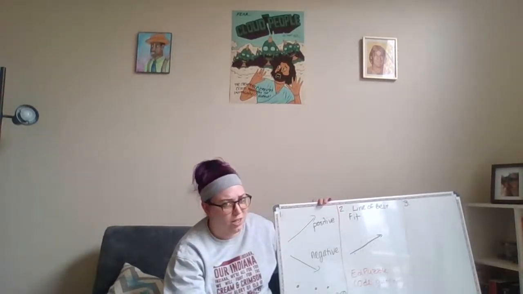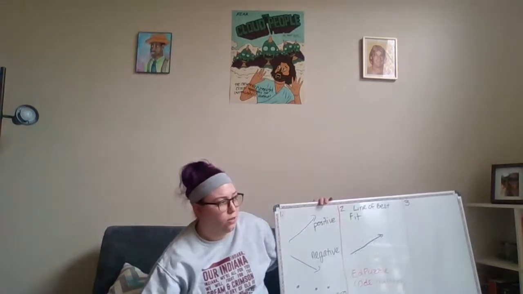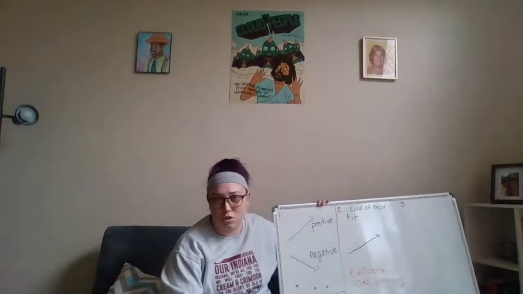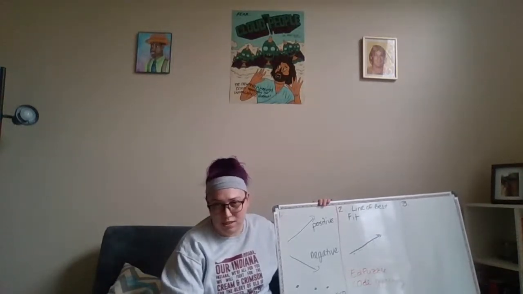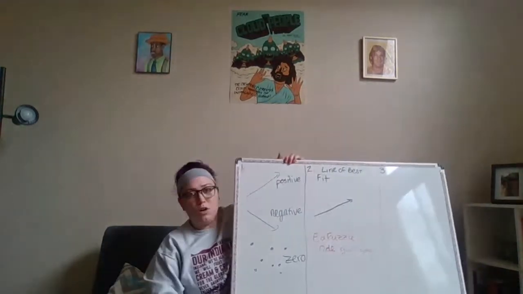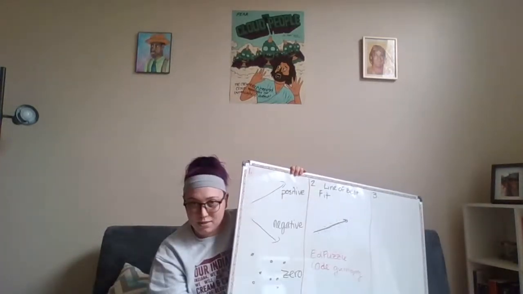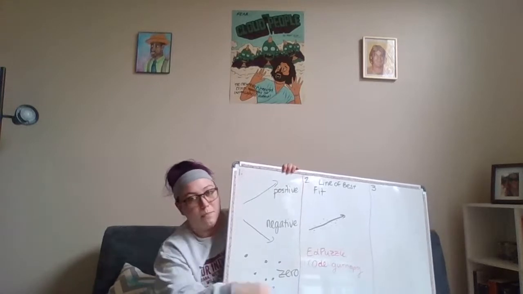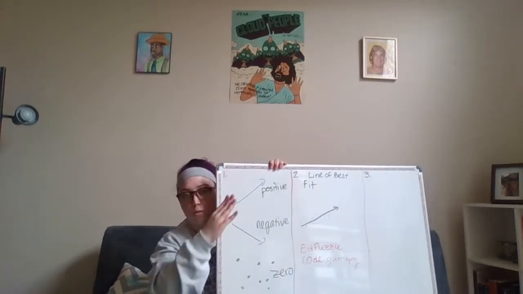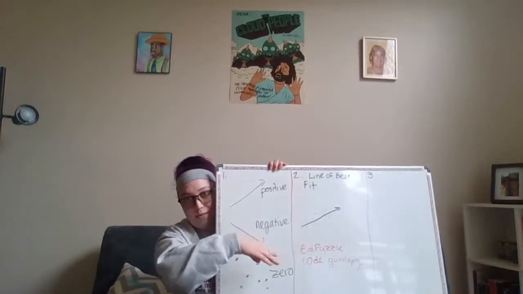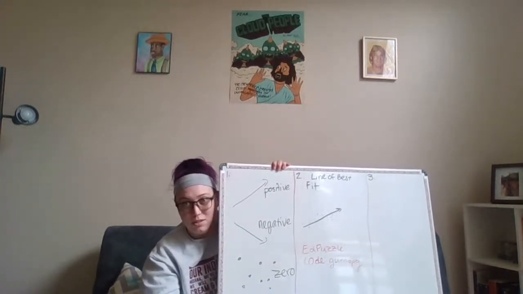Most of you didn't really have any issue with the first question where you had to match the association or the trend. As we went over, if it goes up, it's positive. So you were able to say positive association with the graph that went up. Most of you know if it goes down, it's a negative association.